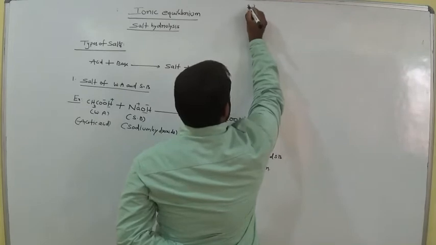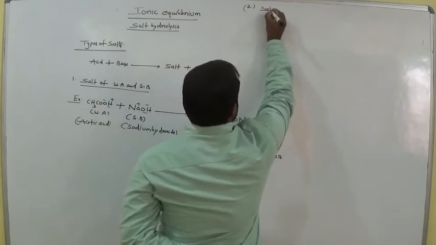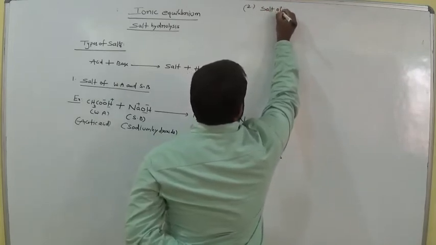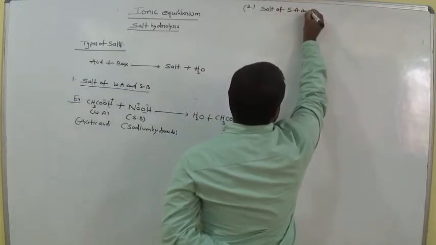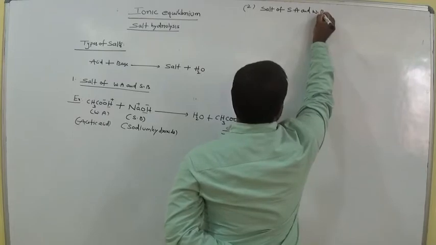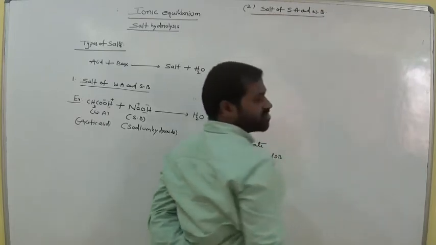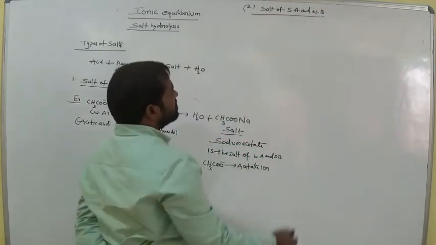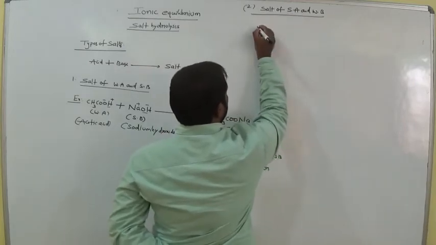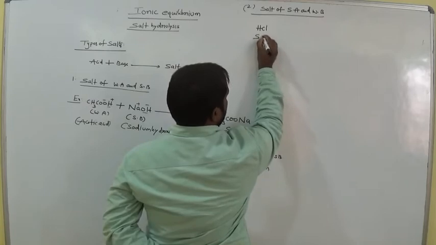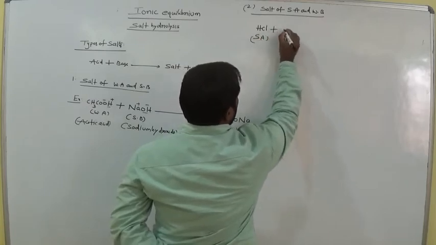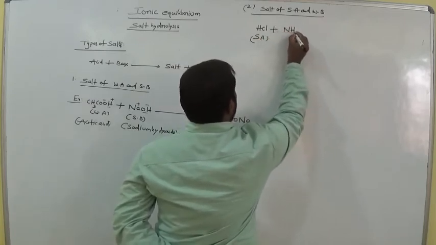Type 2: salt of strong acid and weak base. Strong acid means HCl, hydrochloric acid, and weak base means ammonium hydroxide.